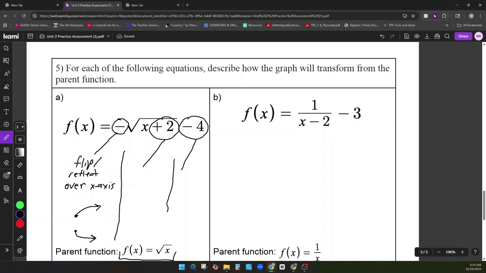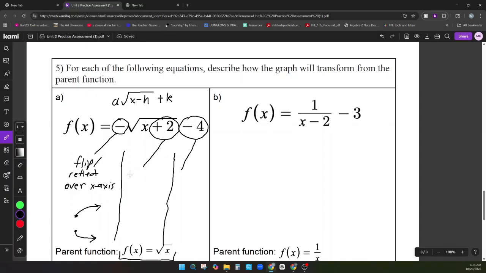This +2, if we remember our h, k value, it should be a square root of (x - h) plus k. I know my h value is horizontal shift. This is going to be 2 to the left or right. But remember our h rule, whatever our h value is, we must do the opposite. So I have a +2.